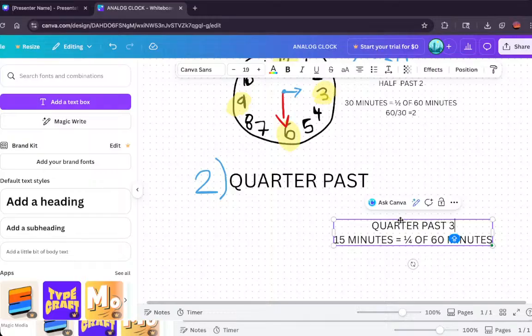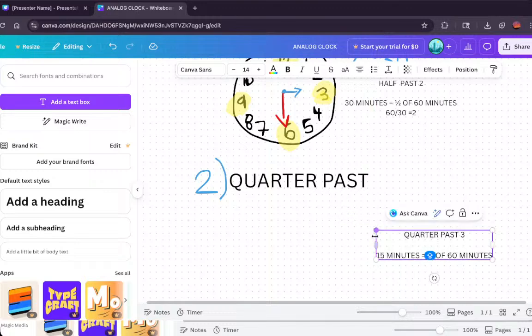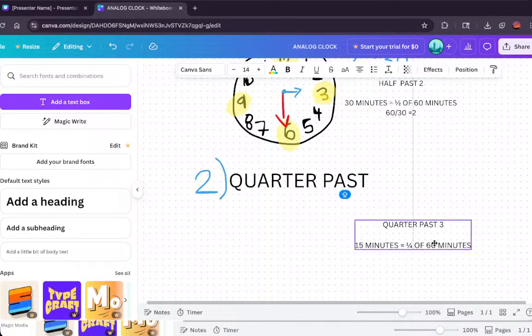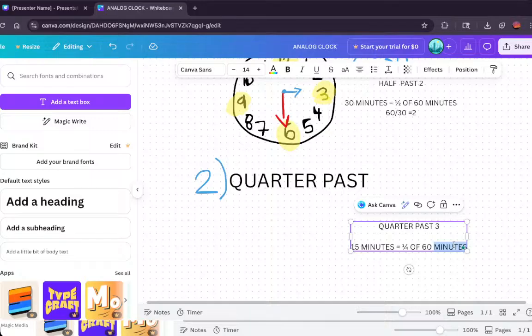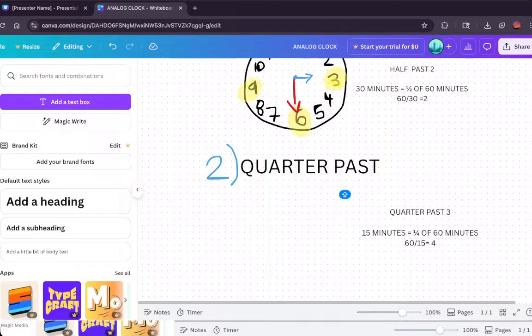Let's do that as an example, okay? Because again, 60 divided by 15, that is equal to 4. So now let's draw the clock again.